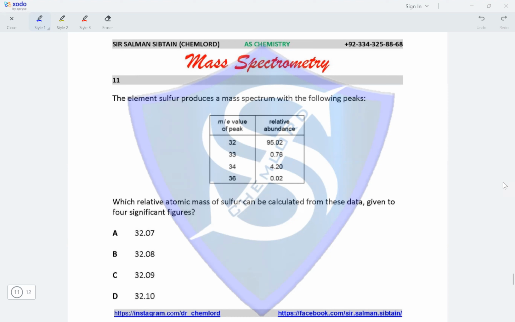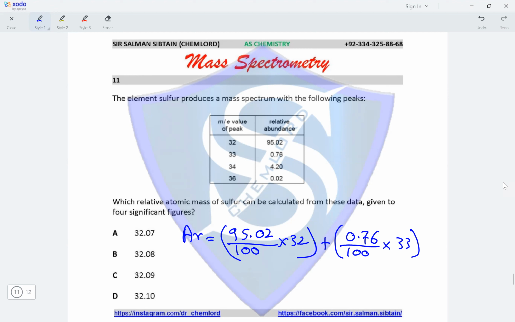So in order to calculate the Ar of sulfur, we must do 95.02 upon 100 into 32, added to 0.76 upon 100 into 33, added to 4.20 upon 100 into 34, added to 0.02 upon 100 into 36.